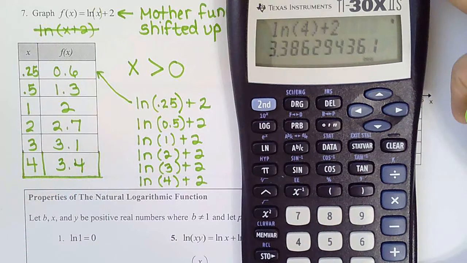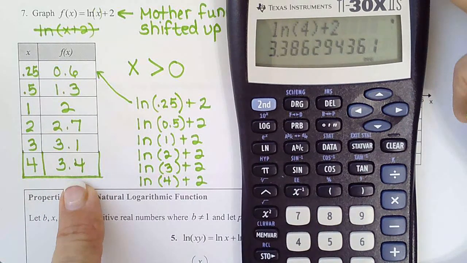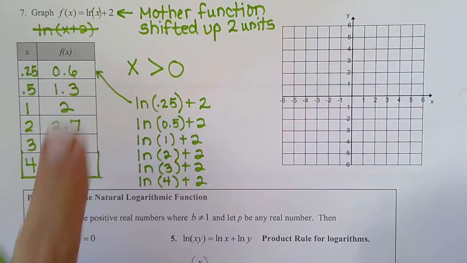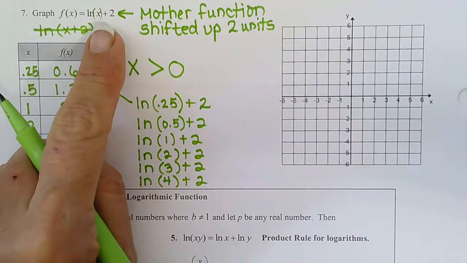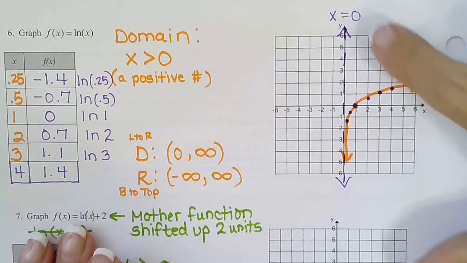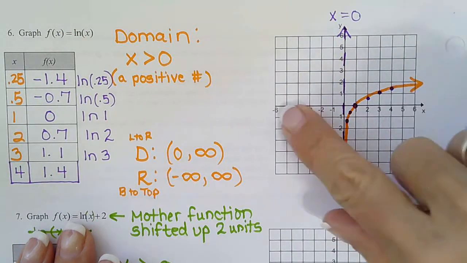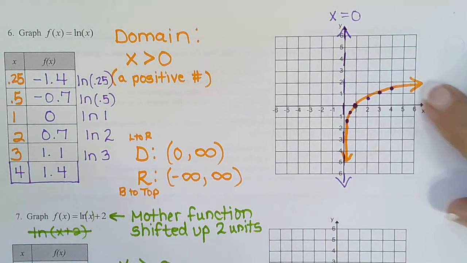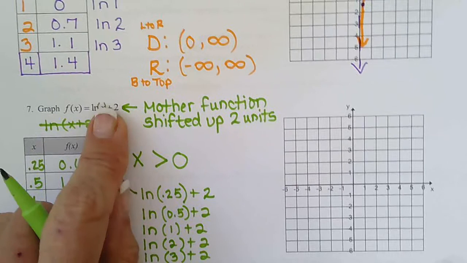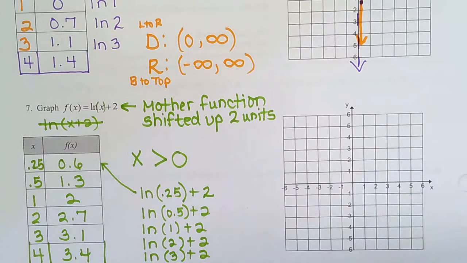So again, you can see it's going up very slowly because it's not shifted left or right. The vertical asymptote hasn't been moved. The only time it gets moved is when the graph shifts left or right, but this is a shift up, so our vertical asymptote will stay the same.